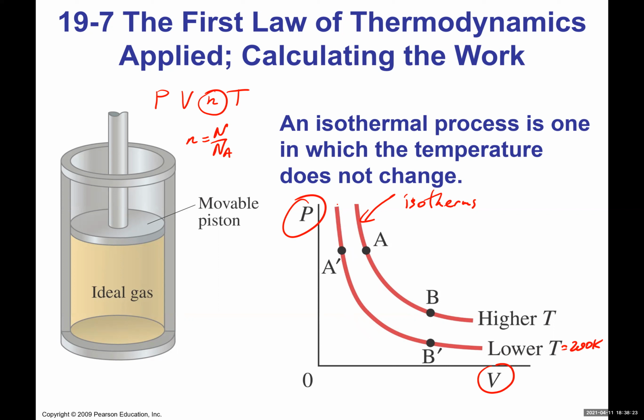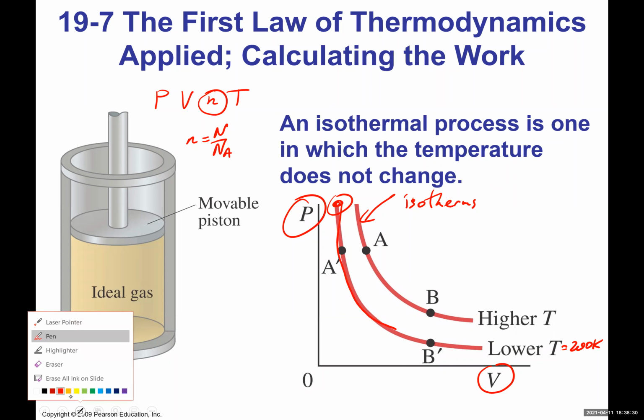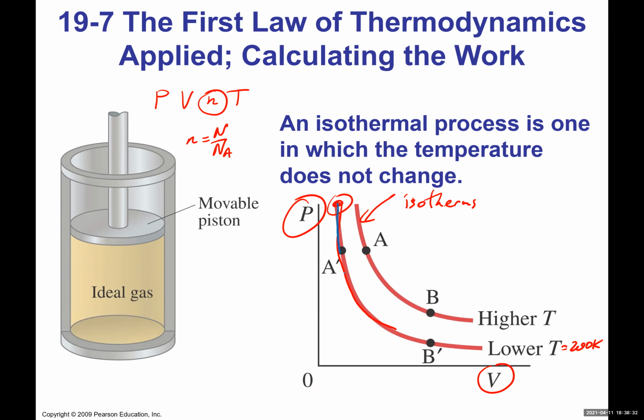That means going from that point and down like that. Let me use maybe a different color. Going from here all the way down like that, that is the line for 200 Kelvin. That means the entire time, whether you're considering this point A prime, or point B prime, or somewhere over here C prime, it doesn't matter.